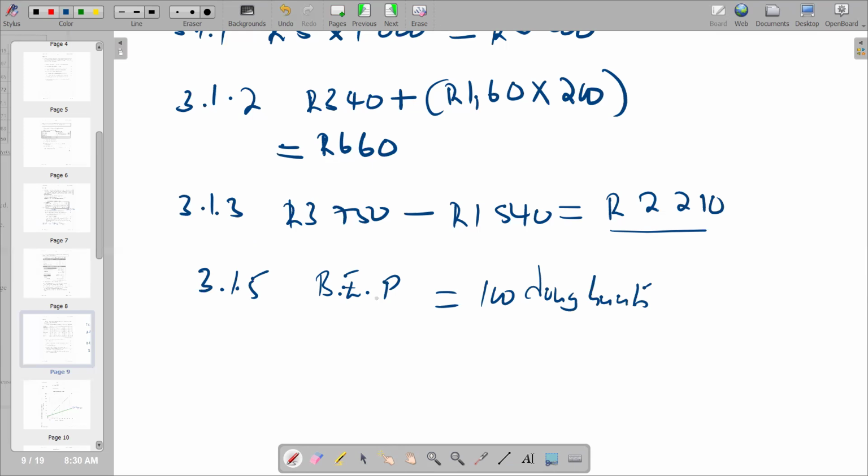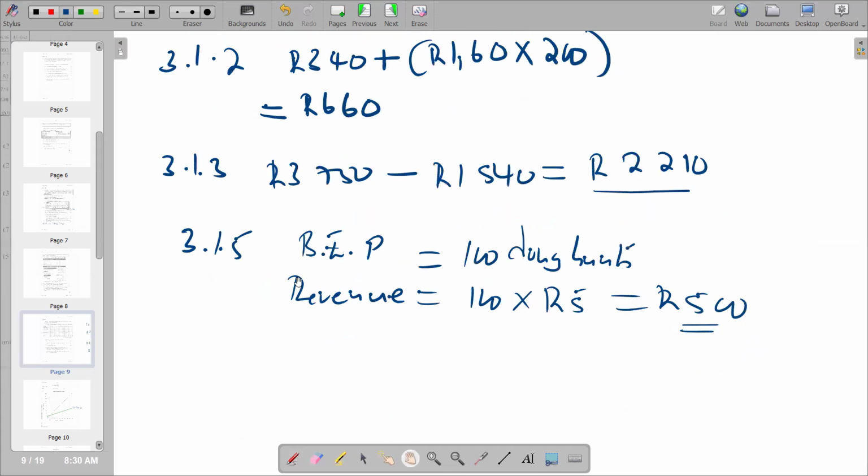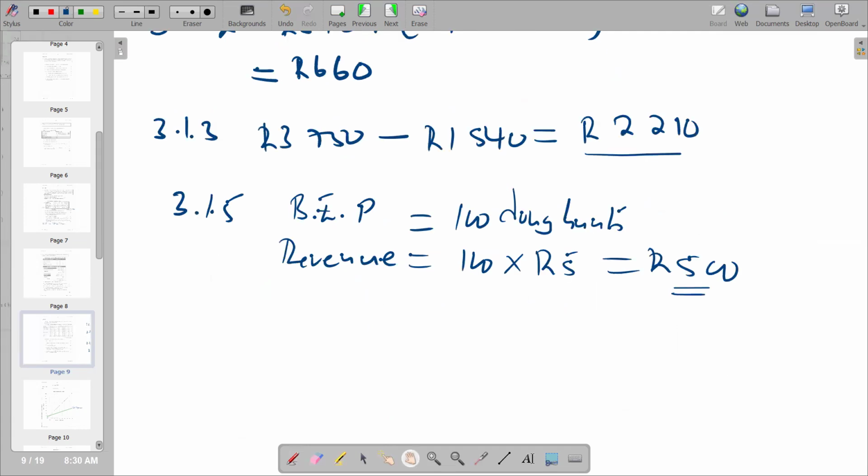Then the revenue will be equal to 100 times 5 rand, which is going to give you your 500 rands. So basically, this is what we have. And then having done that, you can now compare it with the 5,000, which is needed for the registration fee.